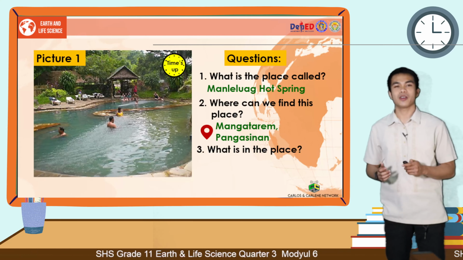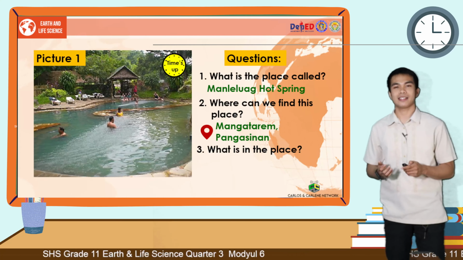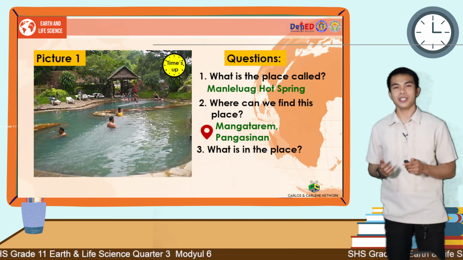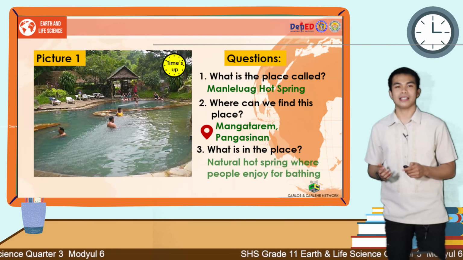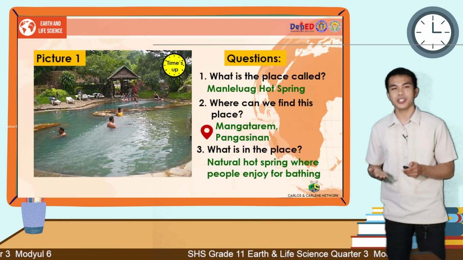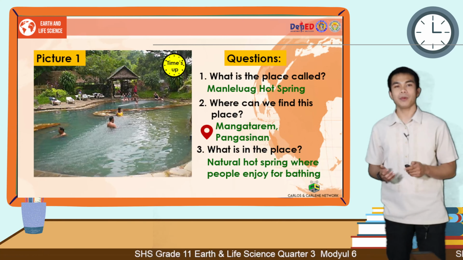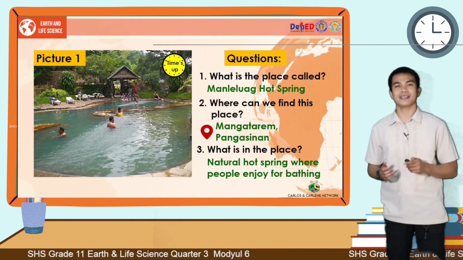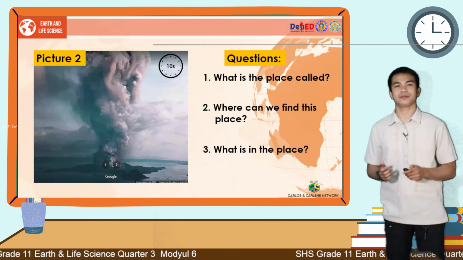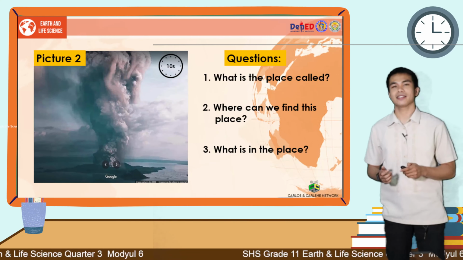Third question, what is in the place? As you can see in the picture, there are people bathing. Specifically, there is a natural hot spring where people enjoy bathing. Okay, nice start. Second picture, 10 seconds.